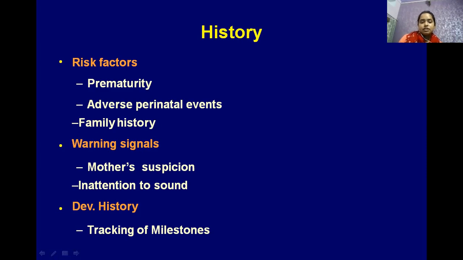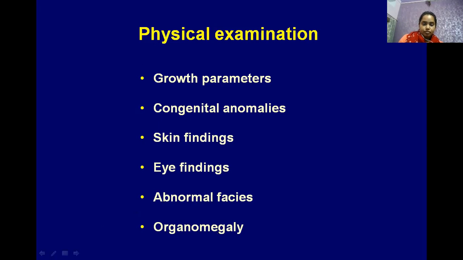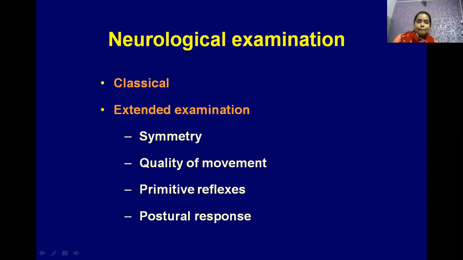Warning signs are mother's suspicion and inattention to sound, and developmental history is tracking of milestones. And what is the physical examination? It includes growth parameters, congenital abnormalities, anomalies, skin findings, eye findings, abnormal facies, and organomegaly. So physical examination is a must and most important.